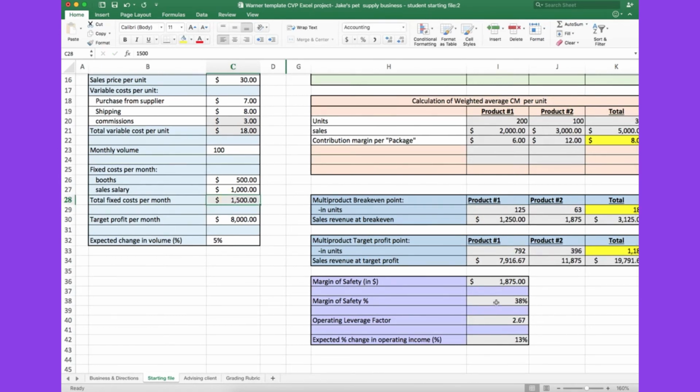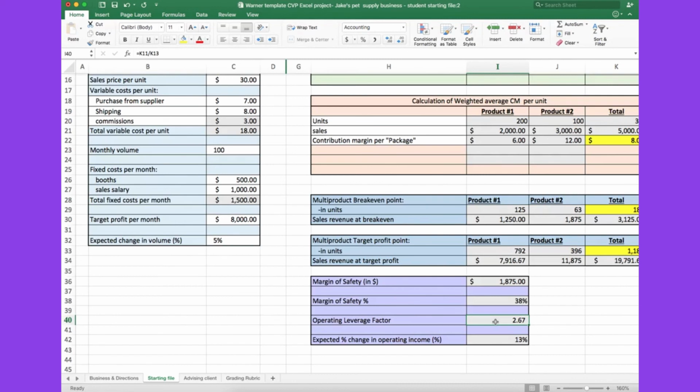Our margin of safety then goes back to 38%, which means we have a lot more fluff in our budget, and our operating leverage goes lower. In general, leverage is higher closest to the break even. And in general, leverage is higher if you've got fixed costs as a greater percentage of your cost structure.